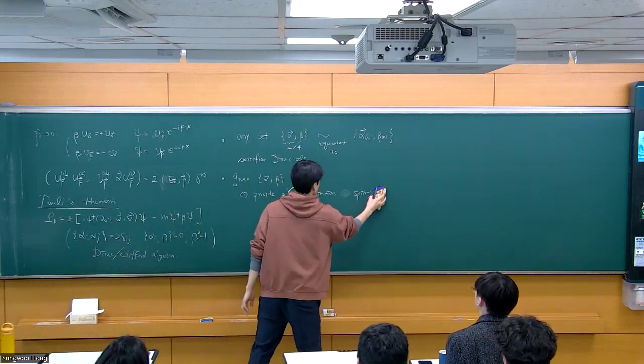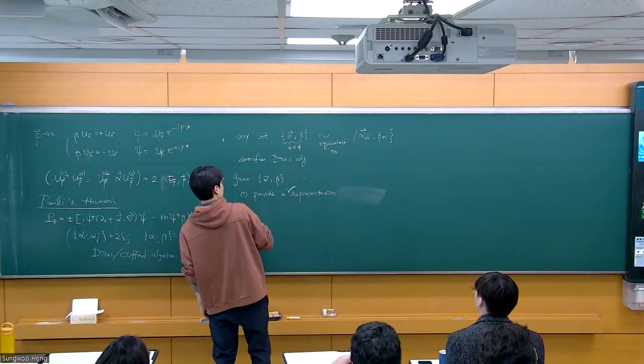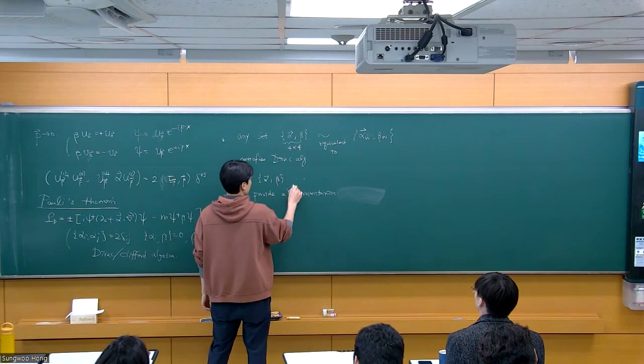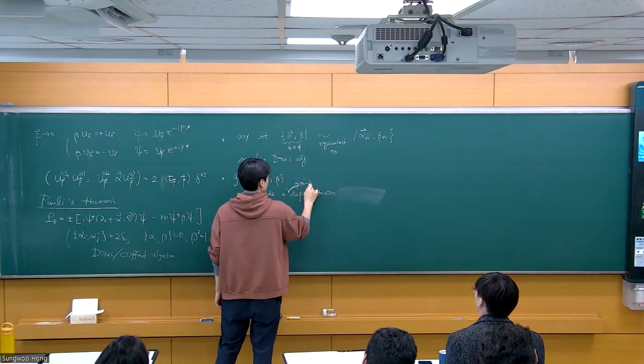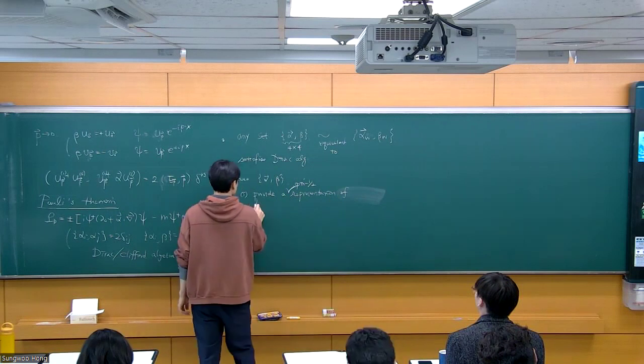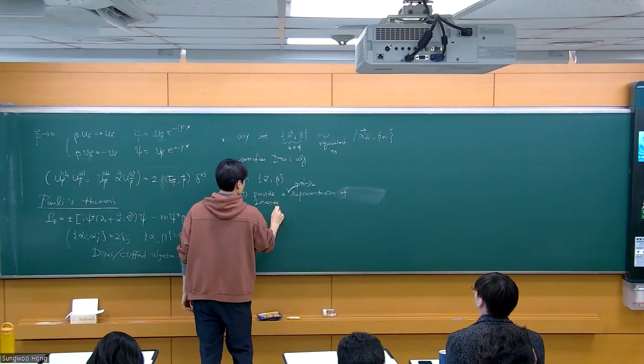So if somebody handed me this set of matrices that satisfy this algebra, I get a spin half representation of the Lorentz group.